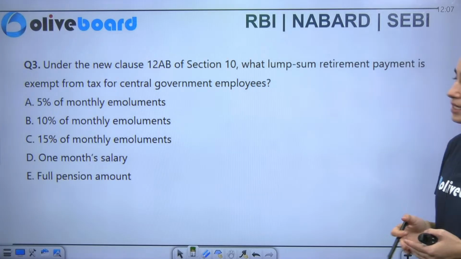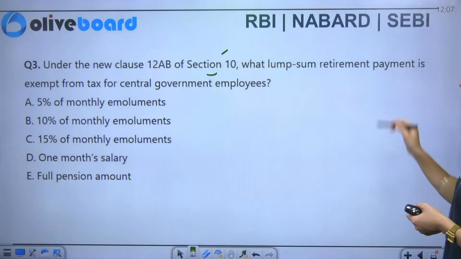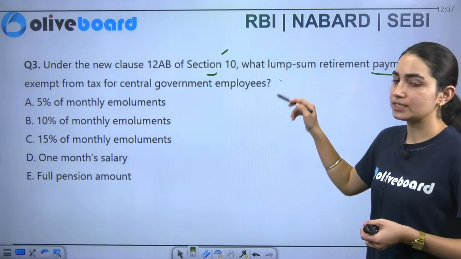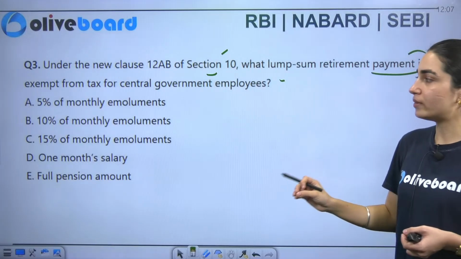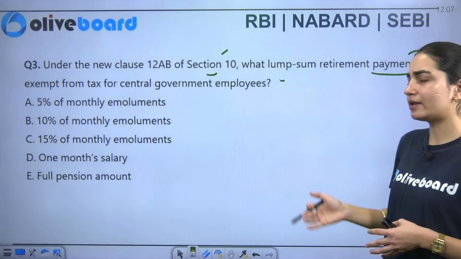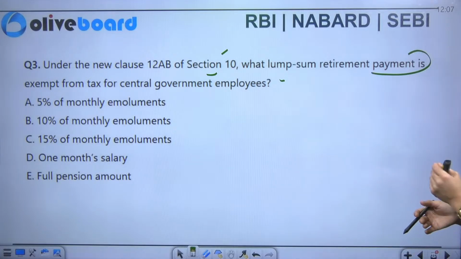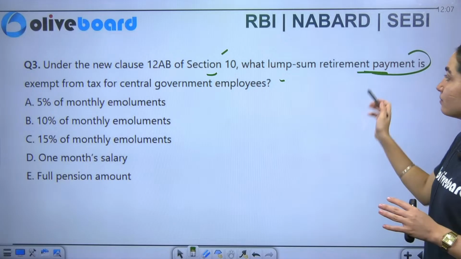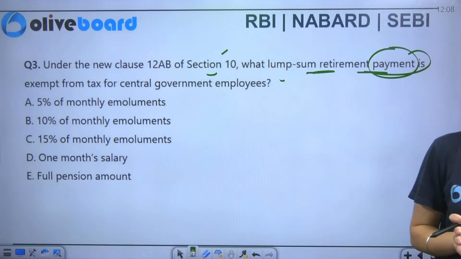Next question says, under the new clause 12AB of section 10, what lump sum retirement payment is exempted from tax for central government employees? Is it 5% monthly emolument, 10% of monthly emolument, 15%, 1 month salary or full pension amount? Now remember, here I'm asking what lump sum retirement payment is exempt from tax.